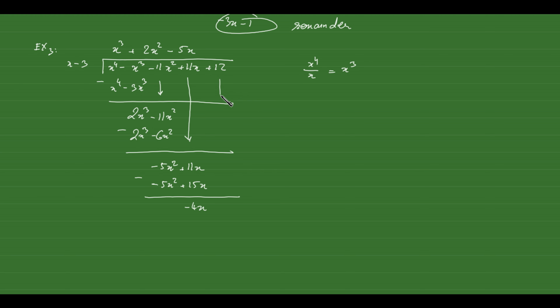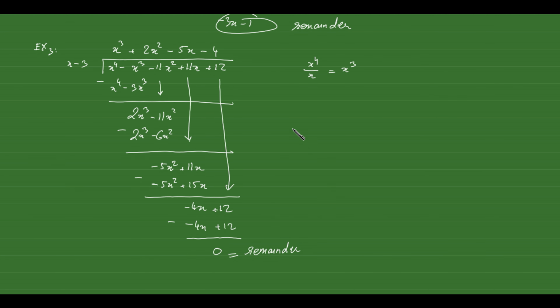Now you drop 12 down. Negative 4x goes into x, gives you negative 4, negative 4x, positive 12. Do subtraction. Here you go, it's 0. Negative, negative becomes negative 12, cancel. So the remainder is 0.